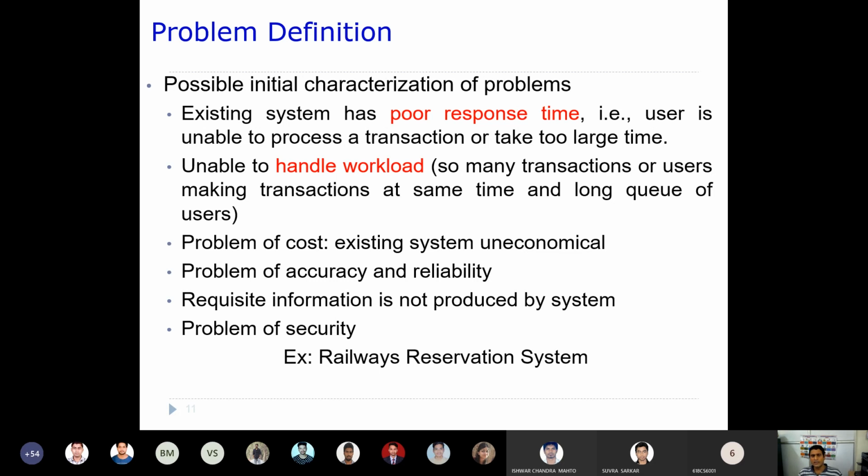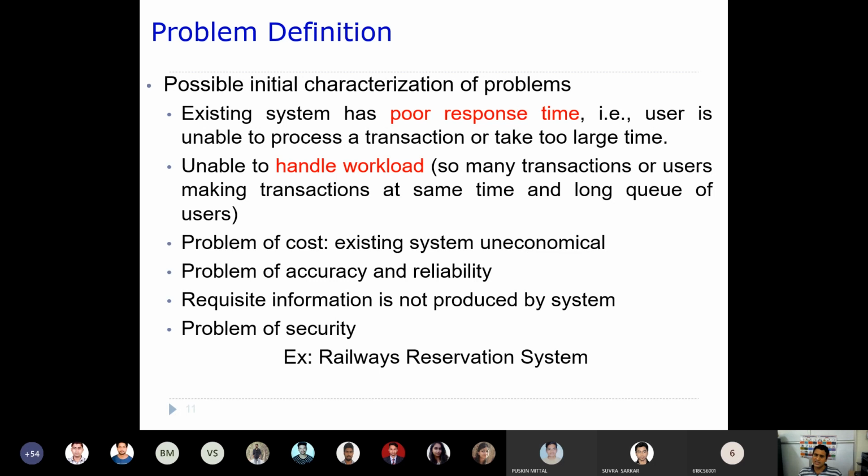And if the existing system is unable to handle the workload, whatever the current system, if it is not able to handle so many transactions, or users making transactions at the same time, and there is a long queue of users waiting to get their transactions responded to, then that's a kind of problem.